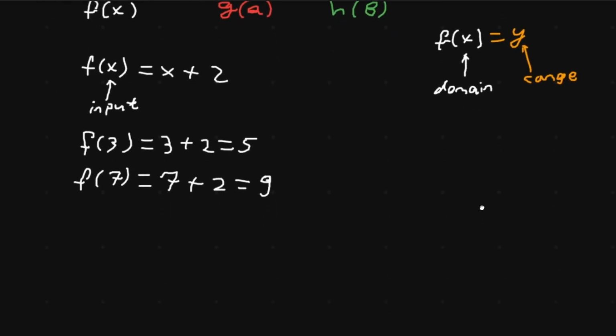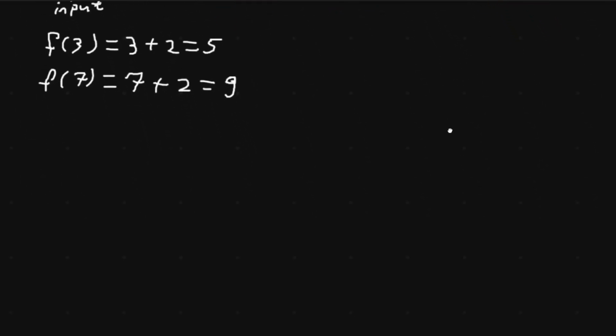A great way to visualize a function is through its graph. So now let's graph some function. For example, we have f of x is equal to 2x plus 1. If we want to graph this function, the first step is to draw a table of the equation.